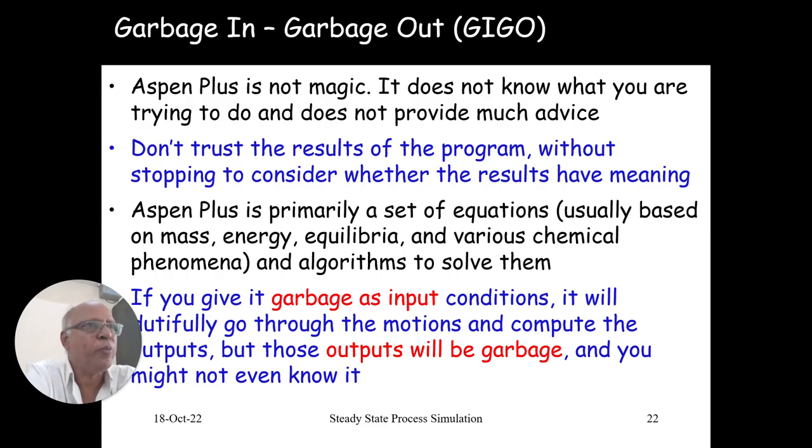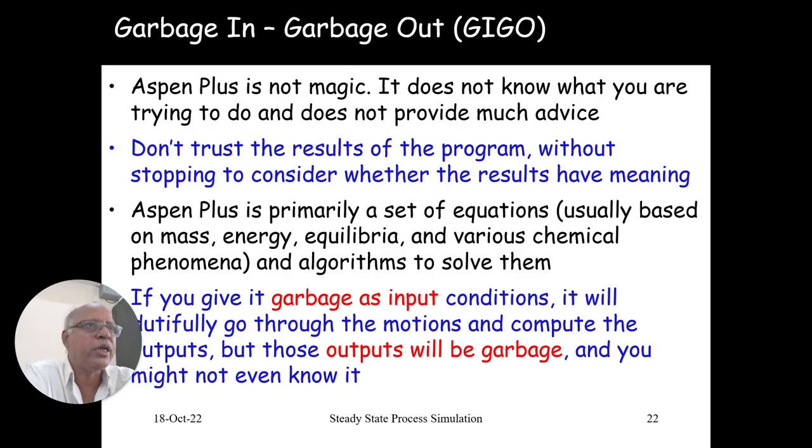But if you make the mistake of assuming this as an ideal system, now you will not be able to get to this reality. So the outputs depend on what kind of inputs, what kind of decisions that you have taken. If you have taken some kind of a bad decision, Aspen will not be able to know this, or any process simulator will not be able to know this.